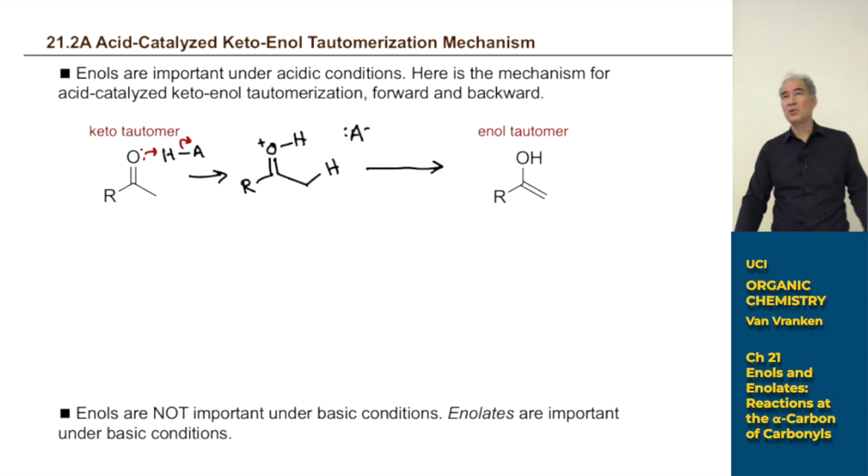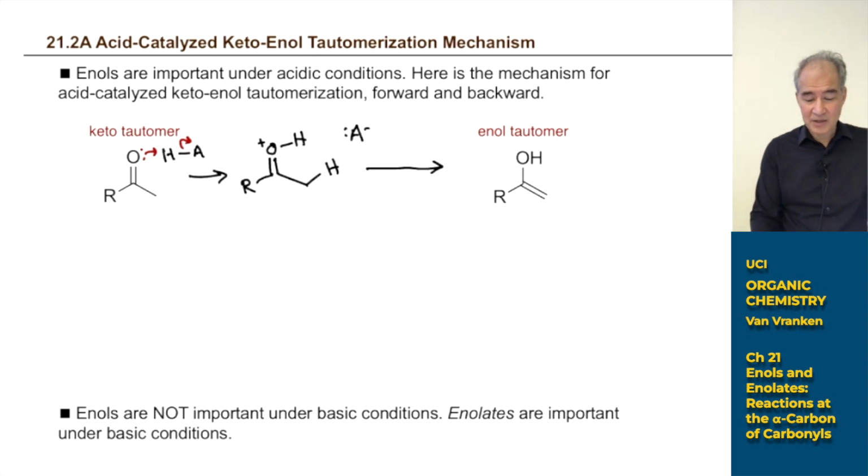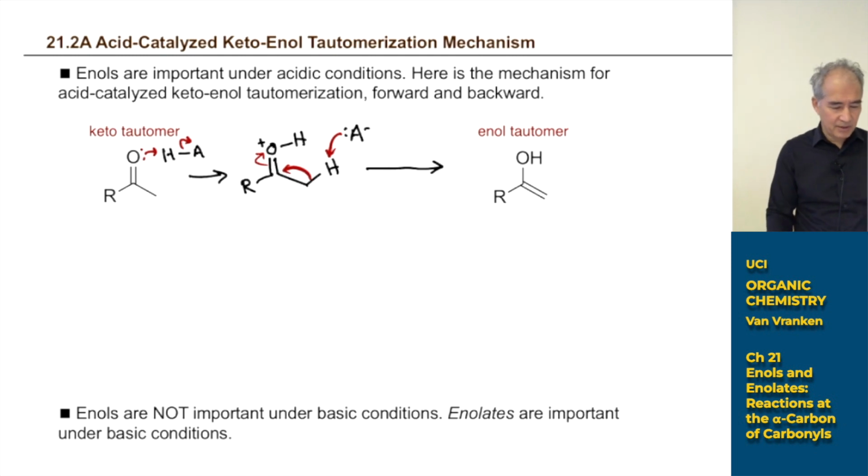I'm going to use that to pull off the proton. Which proton do you pull off? Well, half the time you pull off the proton from the oxygen, the other half the time you pull the proton off the carbon. Let's go ahead and draw that out. Pull the proton off the carbon and give the electrons to that super electrophilic protonated carbonyl. And that's the 2-step mechanism for this special kind of isomerization that we call tautomerization.